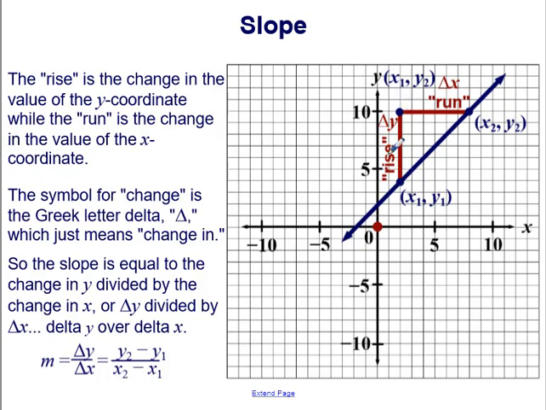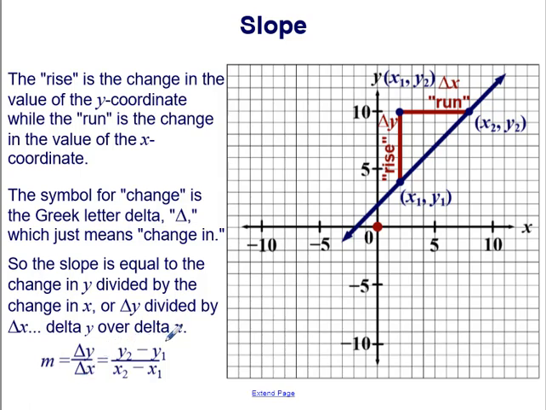So we have a rise from one point and a run to the other point. The symbol for change is the Greek letter delta, which is this little triangle, which just means change in. So the slope is equal to the change in y divided by the change in x, or using the little triangle, triangle y divided by triangle x, meaning delta y over delta x.